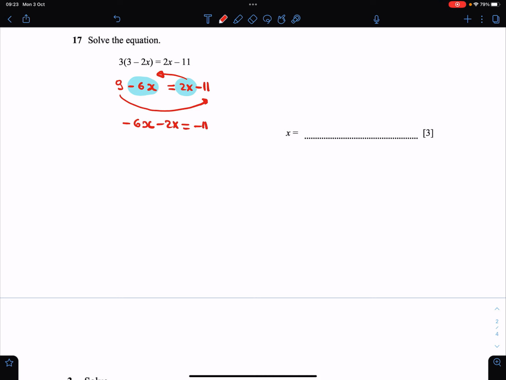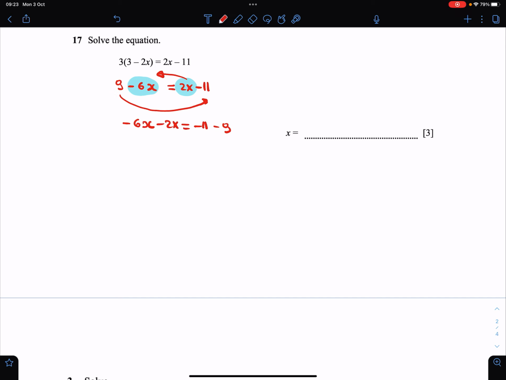If I'm moving 9 to the other side, it will be negative 9 because positive 9 we have here. Guys, the negative we have over here belongs to 6x, so that makes 6x negative, nothing to do with the 9.